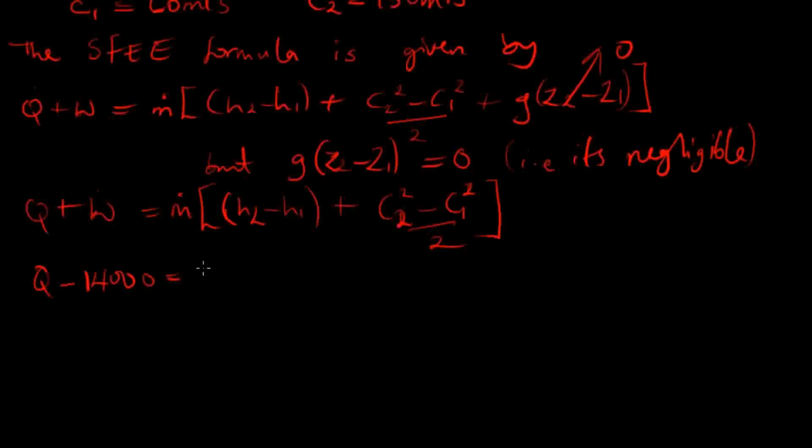Since everything is in kilowatts, we do it this way: 17 times (360 minus 1,200) times 10 raised to the power 3.